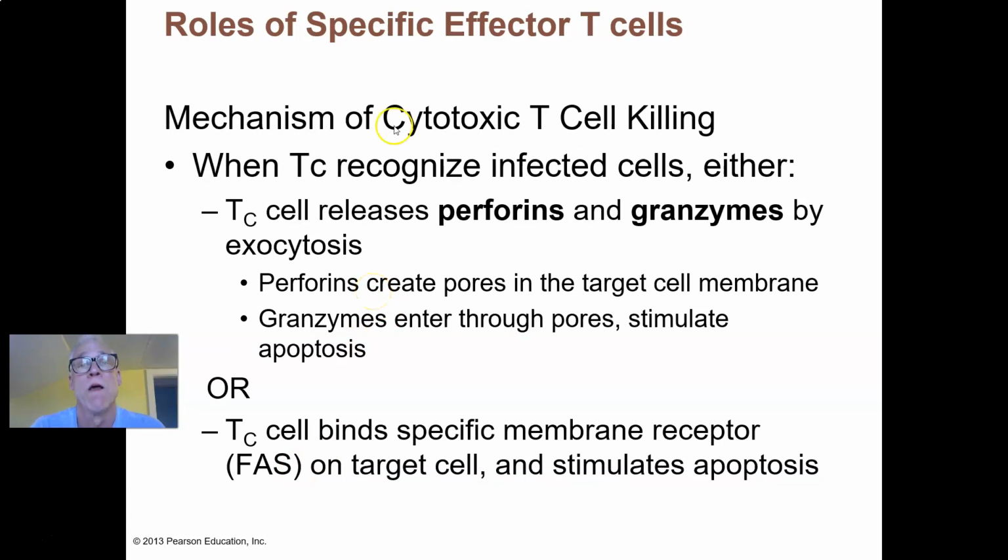How do they do it? When a cytotoxic T cell recognizes this antigen and the MHC1, it's going to exocytose two products. It has these products ready and waiting in vesicles. Now it's going to exocytose them: perforins and granzymes. Perforins are proteins that self-assemble into a pore, sort of the way the membrane attack complex of the complement system works.